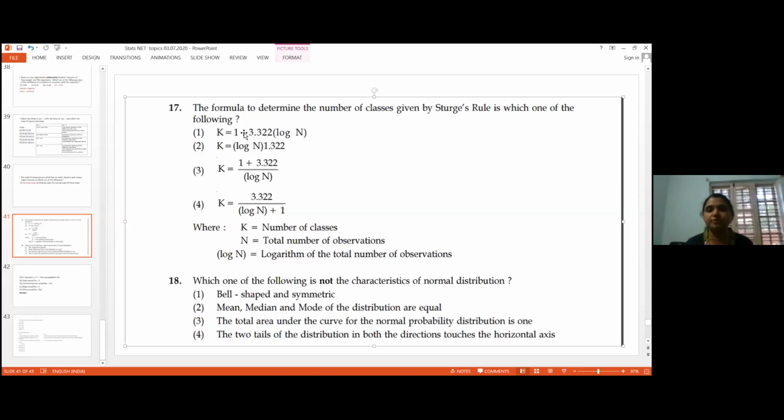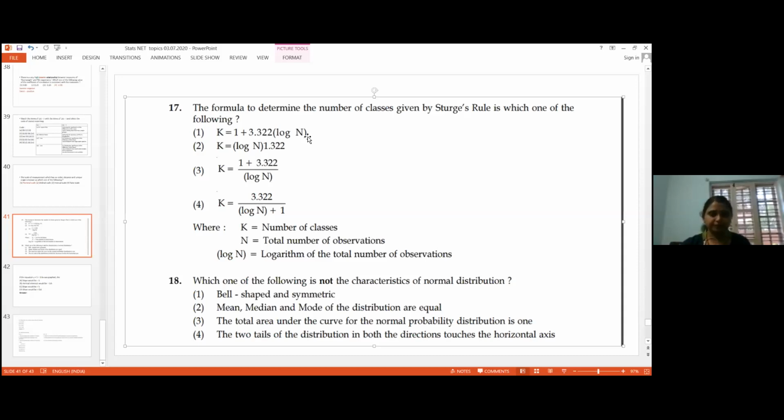The answer is 1. 1 plus 3.322 into logarithm of n is the formula with which we calculate how many classes you require, how many bars in a histogram or a bar chart. That is decided by Sturge's rule, and this is the algorithm used in all the software.